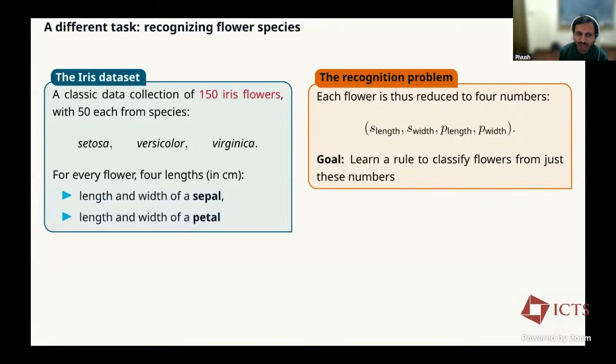So that's the goal. Is the question clear? There'll be some data of these 150 flowers. I'll show how this looks, and then the goal is to find out just from these numbers which flower it is. Yeah, there's a question.